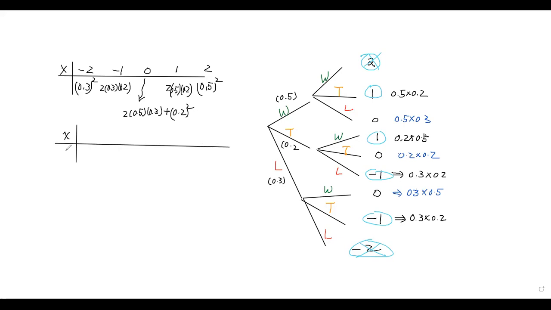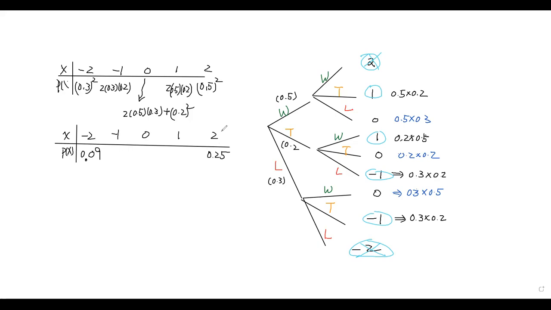And one way to check whether you calculated correctly or not is when you add them all up, you should get 1, right? So for example, 0.3 squared will give you 0.09. And 0.5 squared is 0.25.